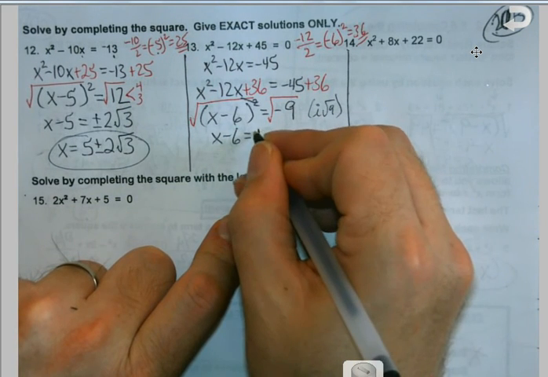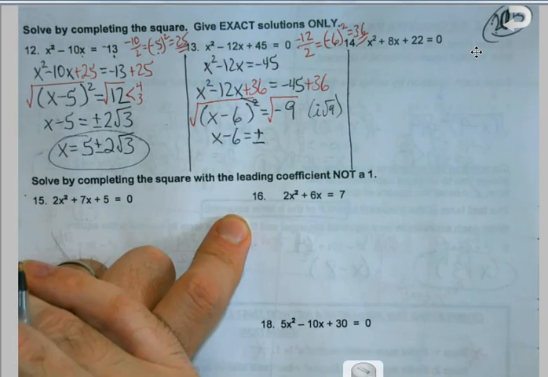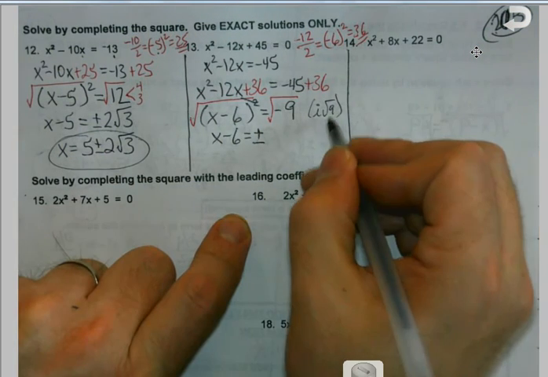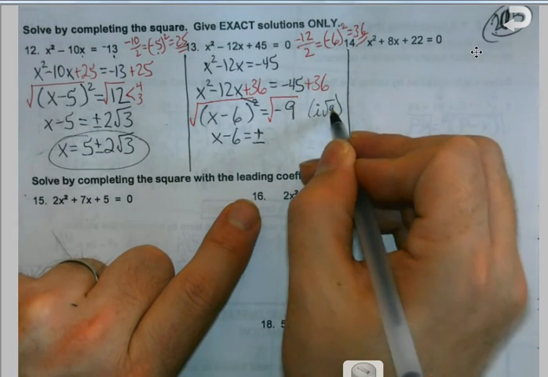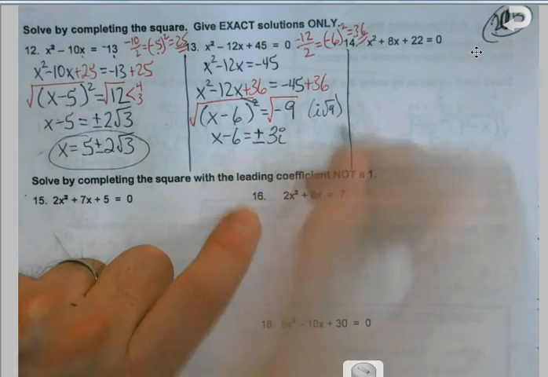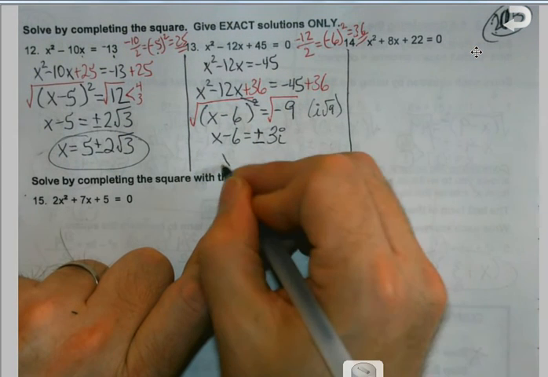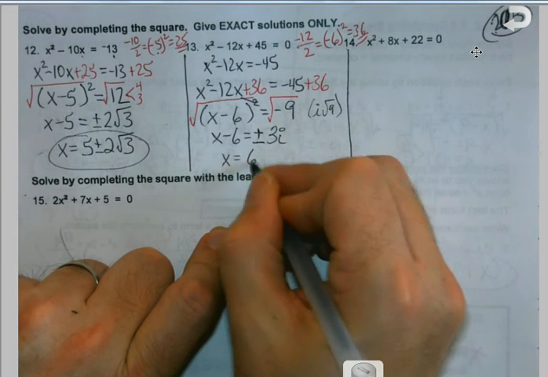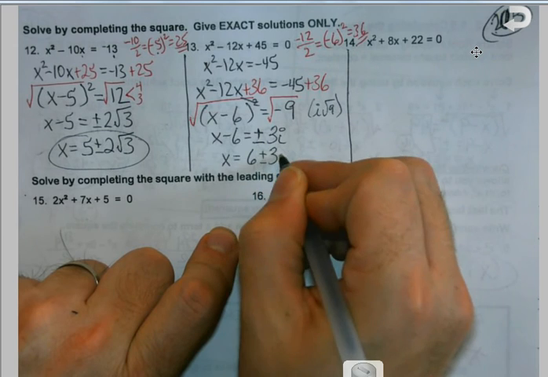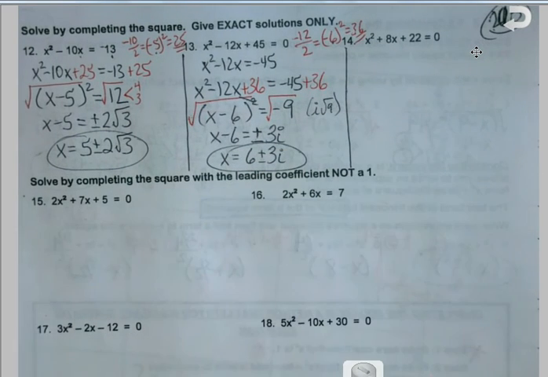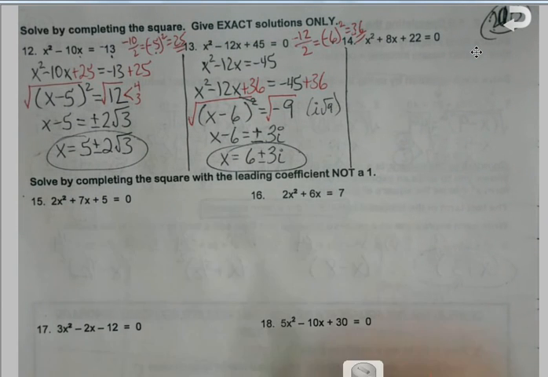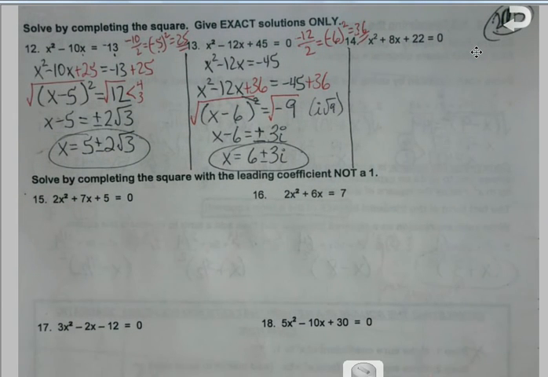So not only do I have to remember the plus minus with it being a quadratic, but I got to remember, oh yeah, square root of 9 would be 3i. And then I just add my 6 over. 6 plus or minus 3i. And if the radical still would have been there, I just had i square root of whatever it happens to be.